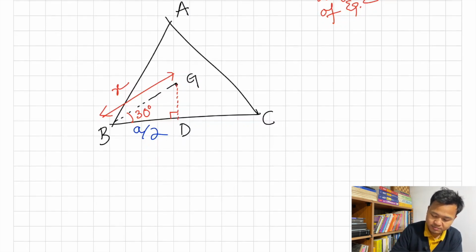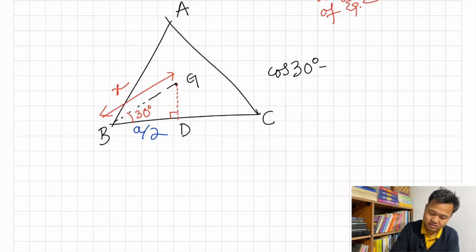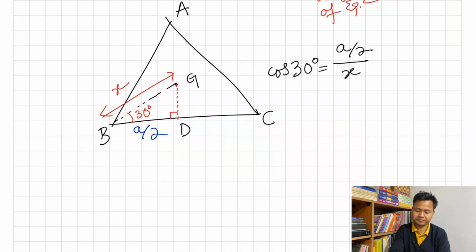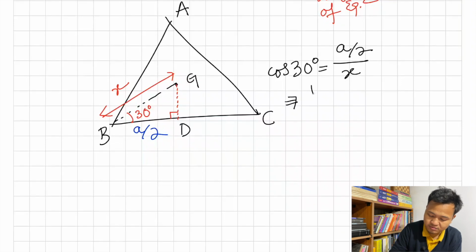Now you have A by 2, which is the adjacent side, and you have to find the hypotenuse. The relation between adjacent and hypotenuse is cos. So what is cos 30? Cos 30 is adjacent divided by hypotenuse. Cos 30 is root 3 by 2.